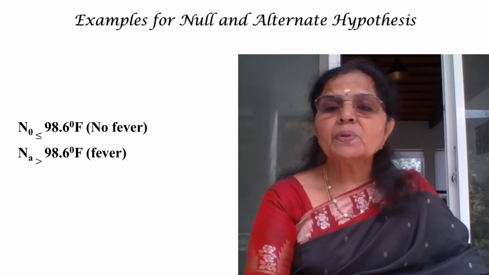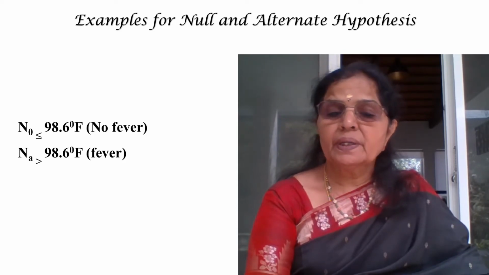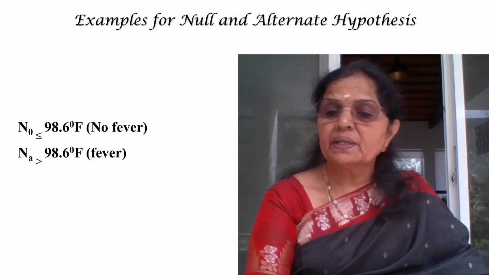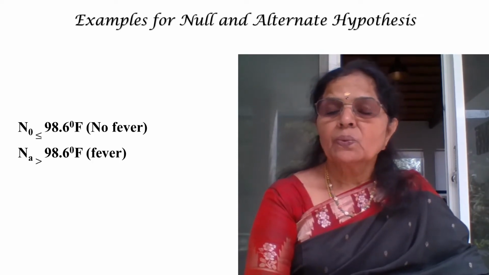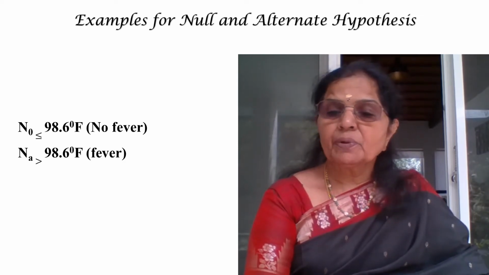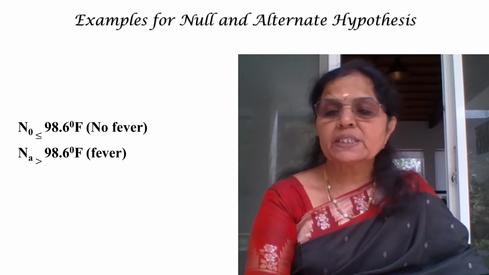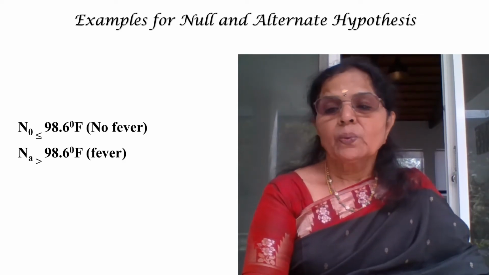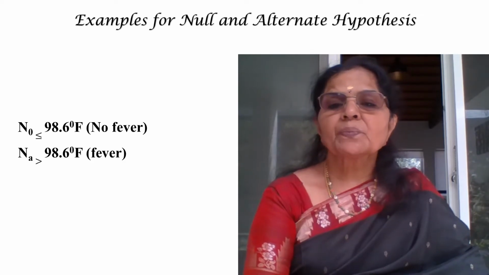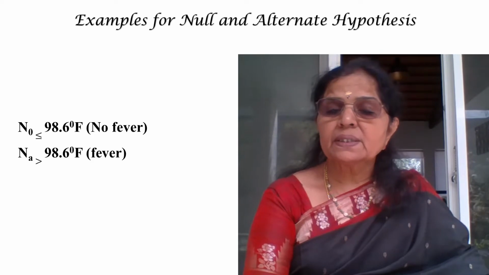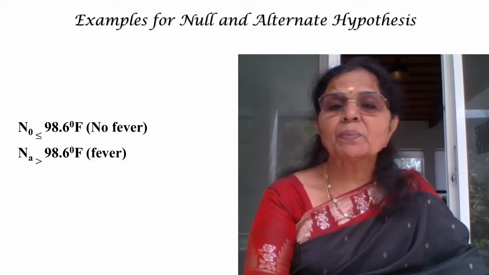This example we are going to use in a problem solving practice session given in the next video, where we'll be discussing in detail how to solve hypothesis testing problems and what type 1 error and type 2 error are, with question and answer sessions. So now just see what the null hypothesis is and what the alternate hypothesis is, and they are mathematically opposite.